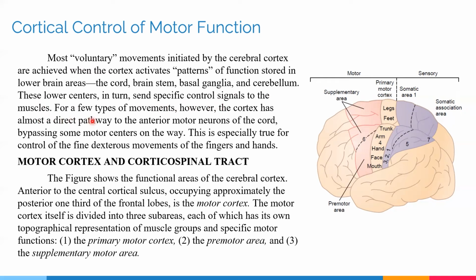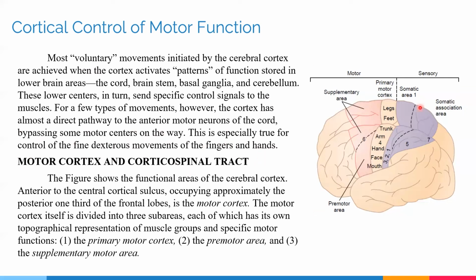For a few types of movements, however, the cortex has almost a direct pathway to the anterior motor neurons of the cord, bypassing some of the motor centers on the way. This is especially true for control of the fine dexterous movements of the fingers and hands.